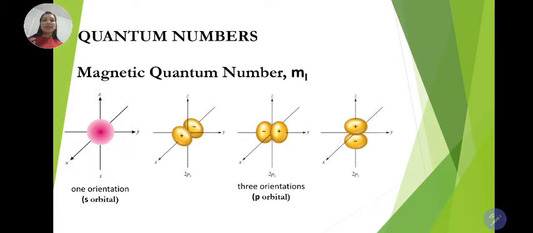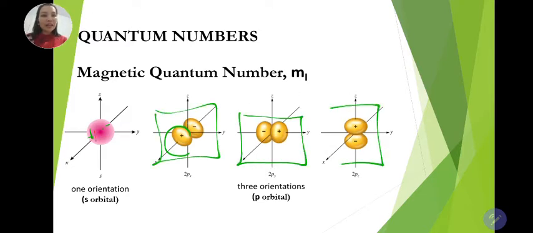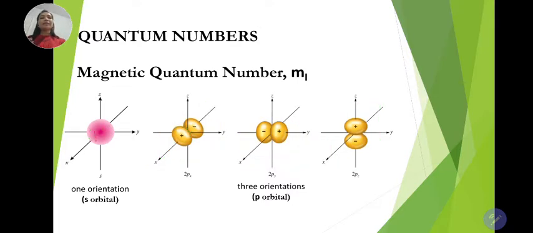And then we have 3 possible orientations for the p orbital. And this one may contain a positive or negative spin. This one also. This one only has one orientation, either positive or negative. This one has this orientation. This one has this orientation, and so on.